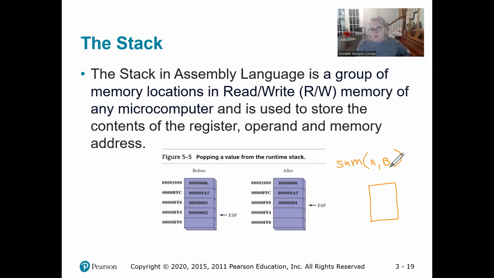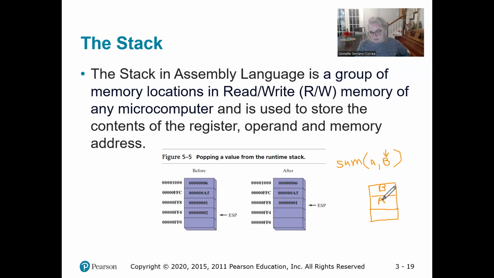The CPU has to know which one is getting first, the A or the B. And so in this case, stdcall says that it's going to put the parameters on the stack starting with the last parameter. So B gets put on the stack first, and then A gets put on the stack. Basically what we're putting is the value.